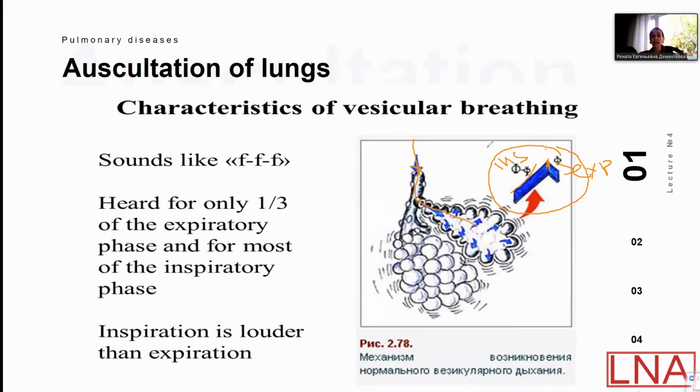So like a sound, the mechanism of formation is a summary from the expanding walls of the alveolus on the phase of inspiration, and only the short first third of the expiration phase, we can detect the vesicular breathing. It's about vesicular breathing.